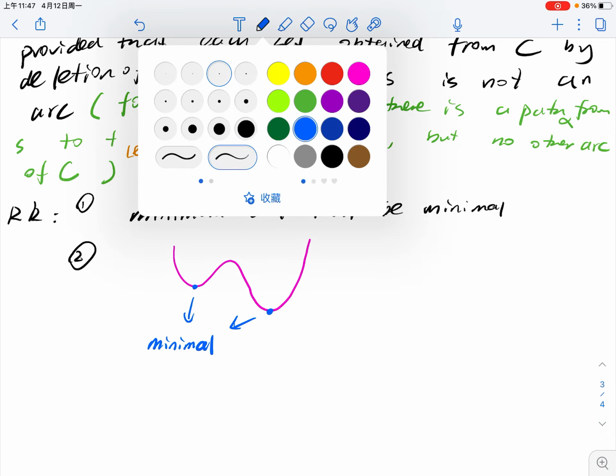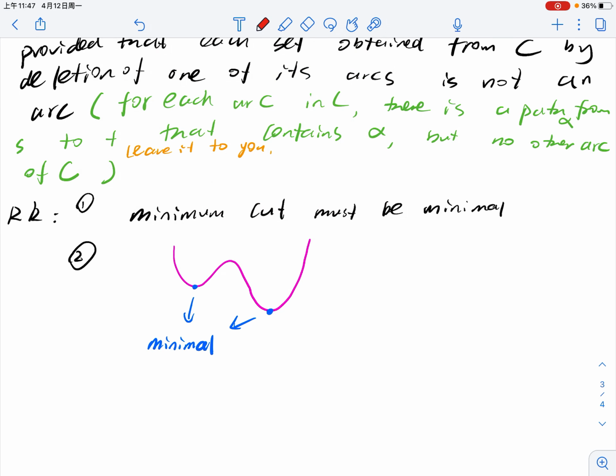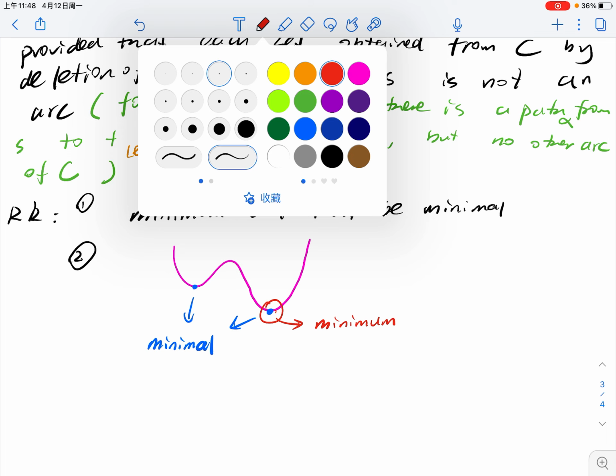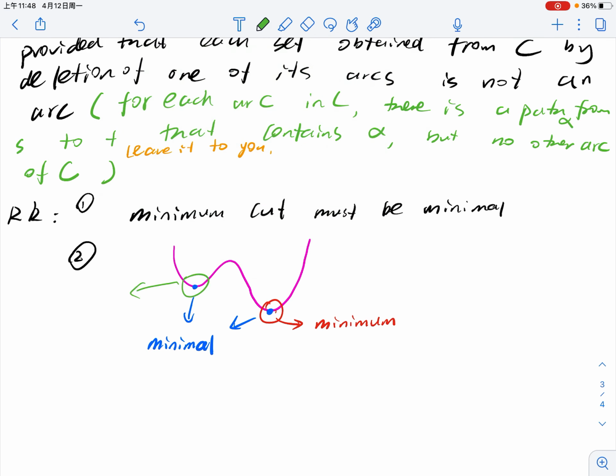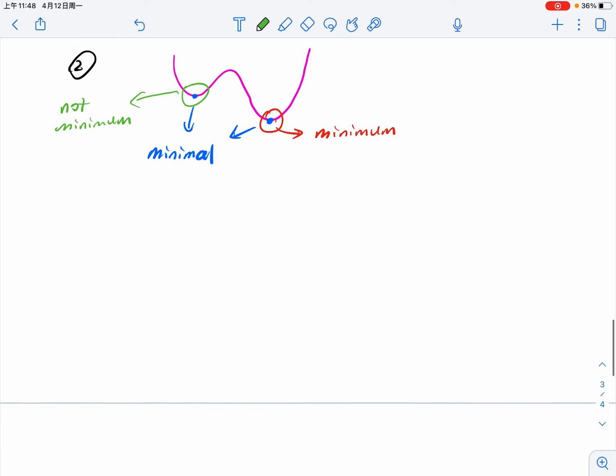But then only this one is minimum, because for a minimum cut, you need to compare the exact value of the weight. Even so for this one, although it's a local minimum, when you compare the weight, it's not minimum. So it's not exactly in this form, but you can understand in this way.